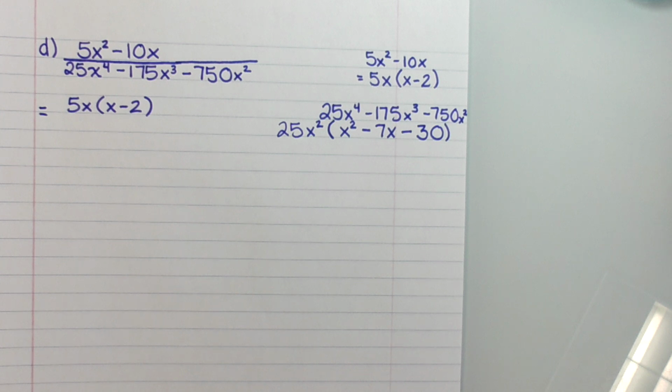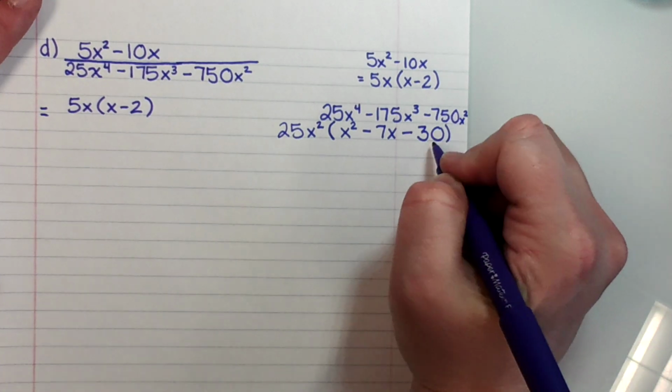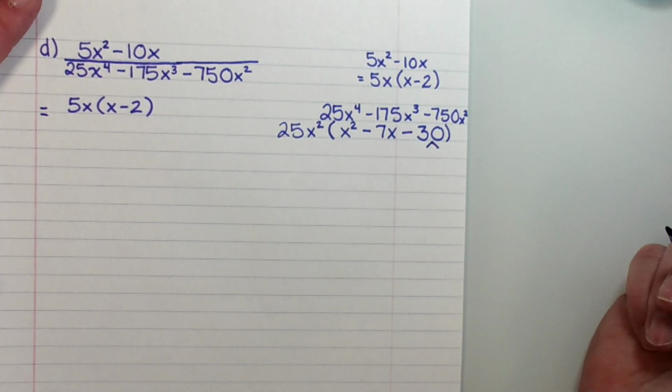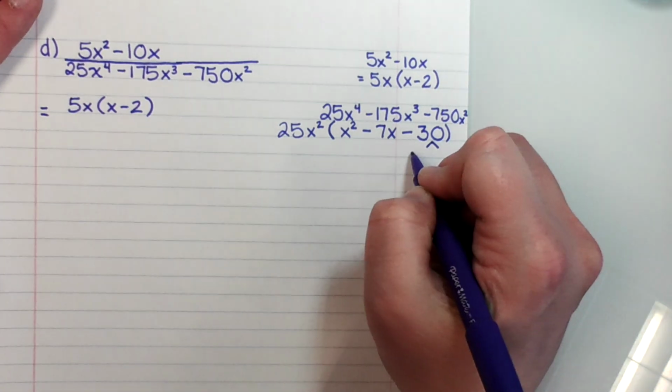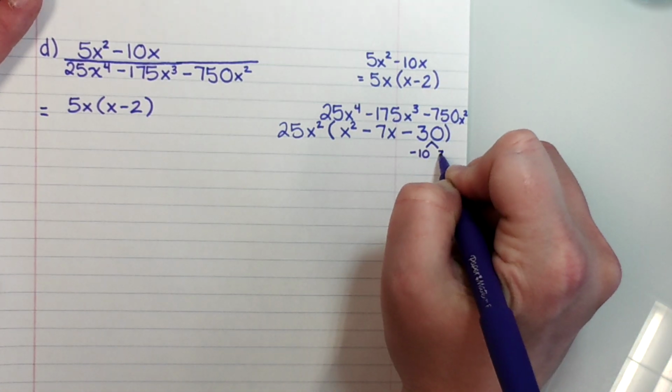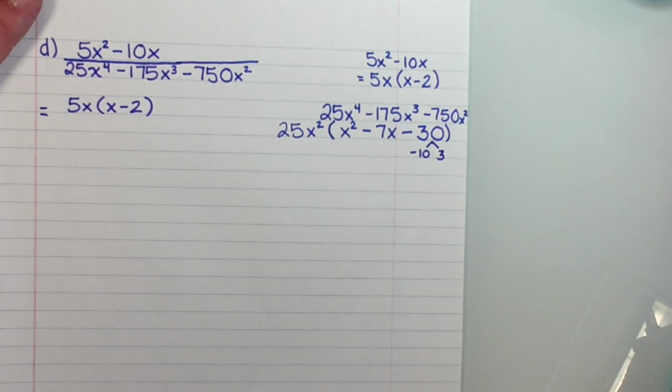How? Shortcut method? Two things that multiply to negative 30 but add to negative 7. Negative 10, positive 3. I think I wrote down this problem wrong.